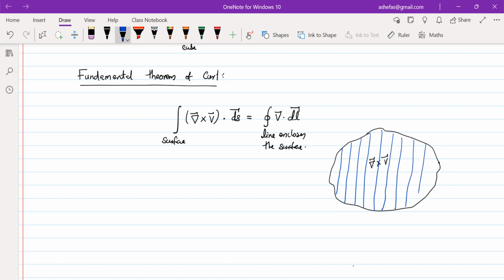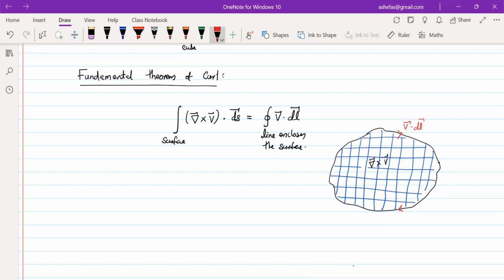So I'm going to add del cross V over all these small infinitesimal areas. Now this sum, the surface integration, is exactly equal to the integral of V dot dl over this loop, the closed loop which encloses the surface.